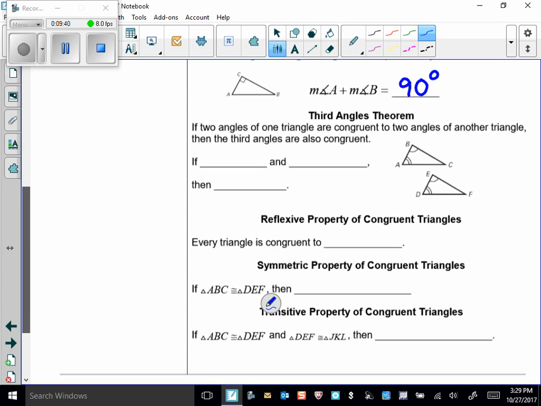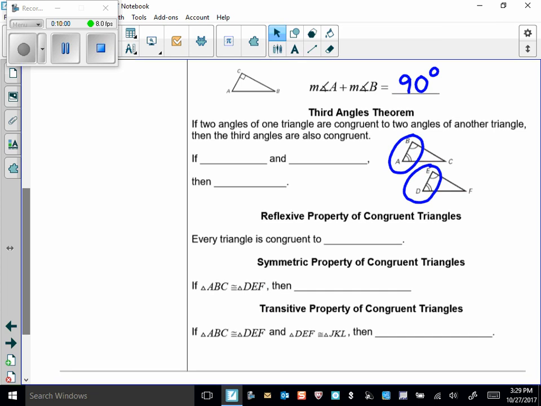And then we have this great theorem here called the third angles theorem that says if 2 angles of one triangle are congruent to 2 angles of another triangle, which is just what I have here, look at these. Those 2 angles are congruent to those 2 angles, and if I know that, then the third angles are also congruent.